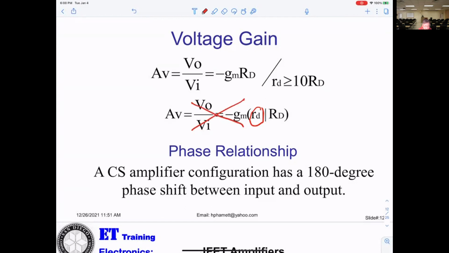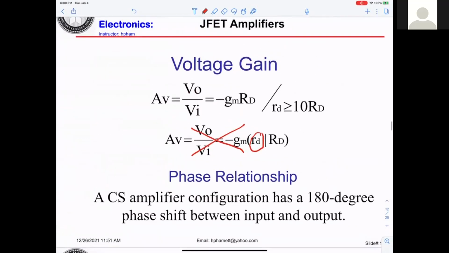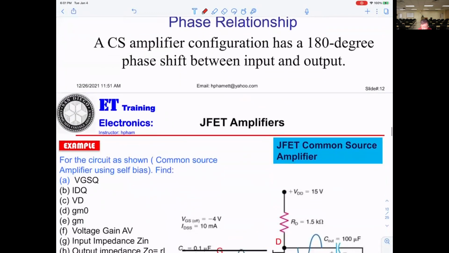The amplifier has a 180-degree phase shift between input and output. But Mr. Pham, the gain is just, forget about the minus, GM times RD, the big RD. Exactly. The negative here just tells you they are opposite. AC cannot get any negative voltage.